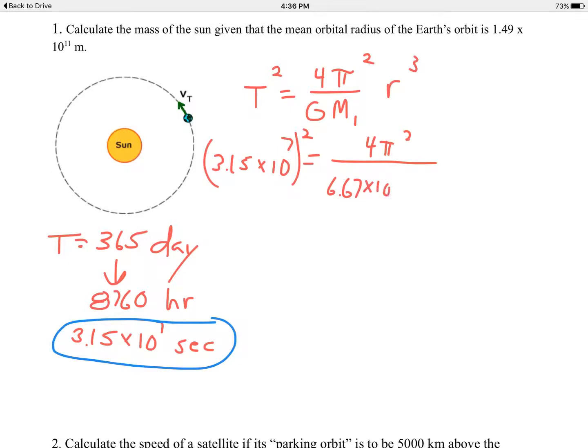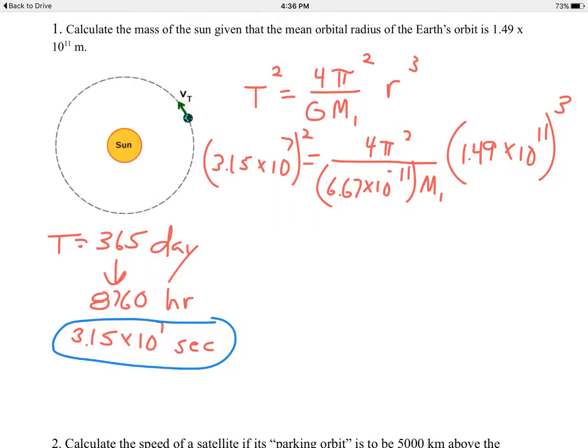Times mass sub 1, the mass of the Sun, the object being orbited, times the radius cubed, making sure it's in meters, which it is, 1.49 times 10 to the 11th, cubed. What makes this fun is that how often do you get to do a cube? Your calculators are powerful enough to do that. There's a cube function somewhere on the calculator. What I usually do is use the caret button to the third power to cube that.